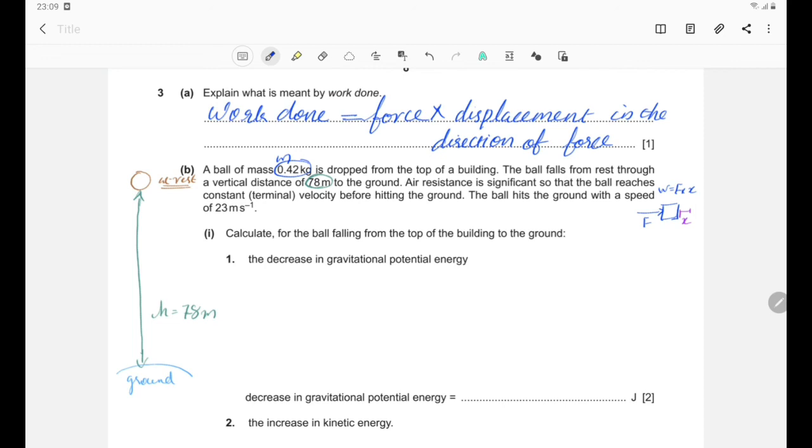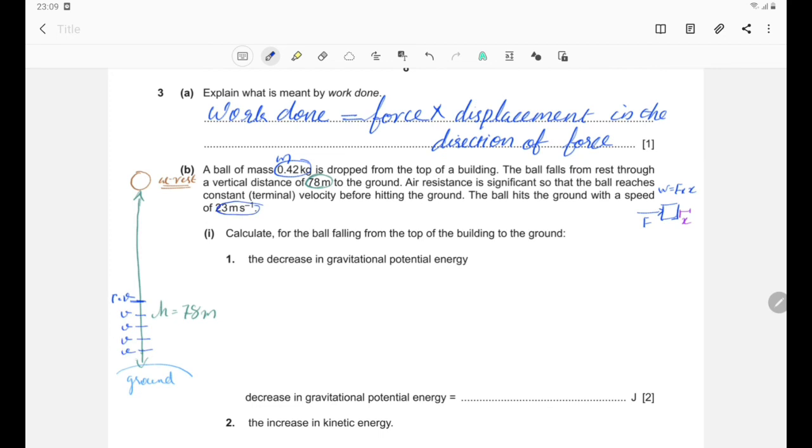So we can consider this is the point where the ball reaches terminal velocity. Terminal velocity means its upward and downward forces will be the same, so that from there onwards there is no acceleration. So constant velocity. If the terminal velocity started from here, everywhere the velocity will be the same, and which is given, that is 23 meters per second.